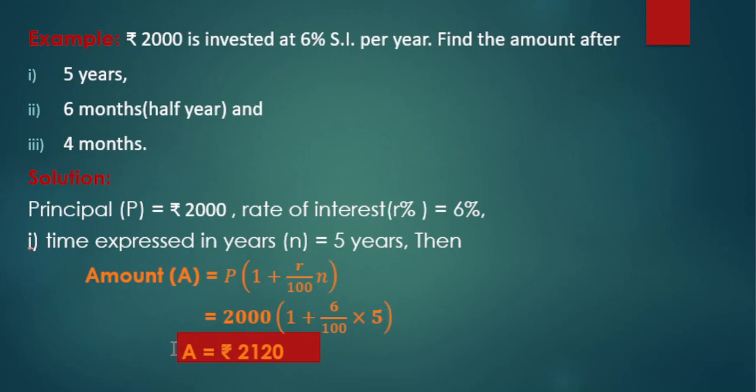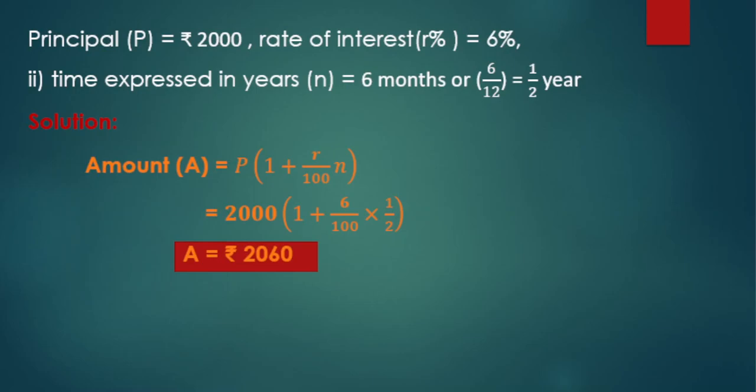So the total amount invested is rupees 2120. In the second case, where time is given in months, before solving the question, we have to change these months into years by dividing by 12.